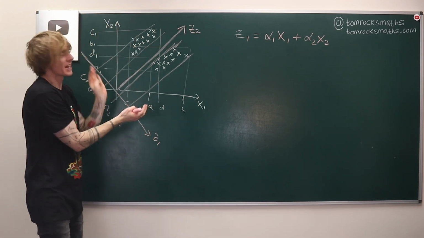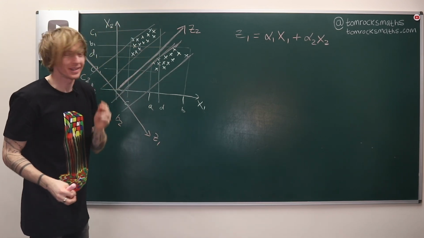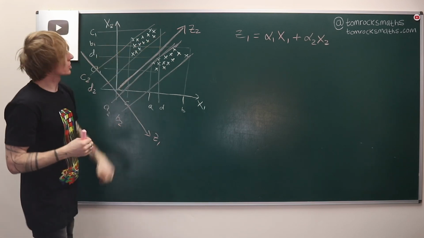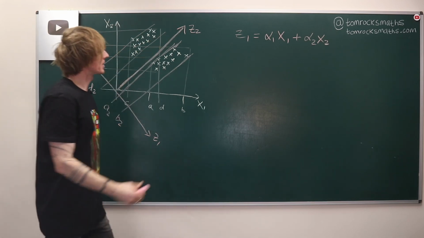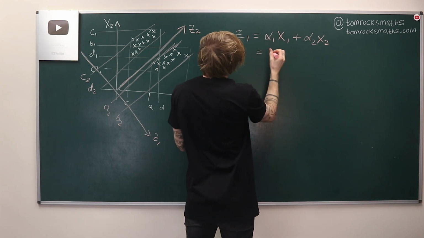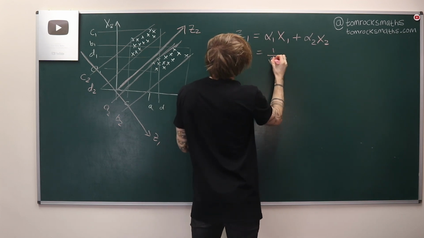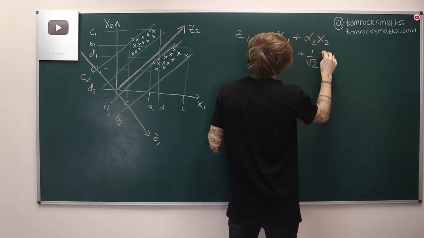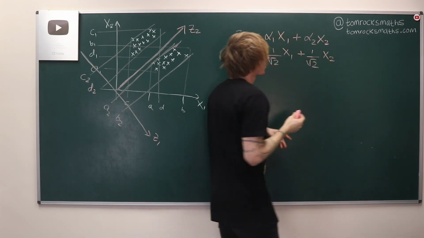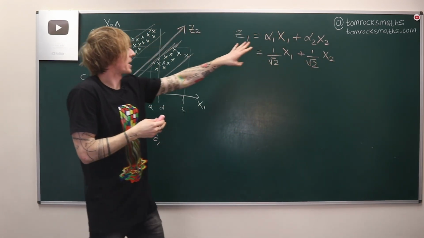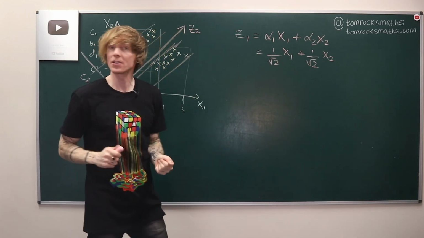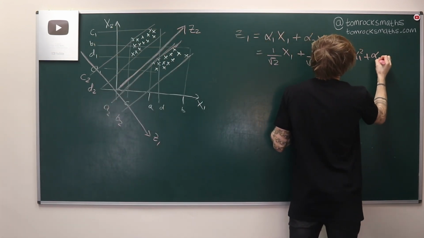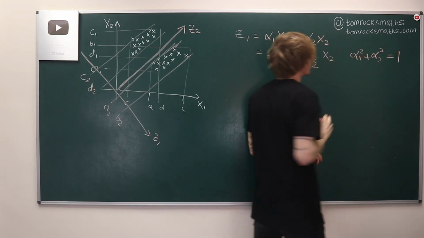And because I have exaggerated this example a little bit, this is clearly just a 45-degree rotation of our axes. So this is now just going to be 1 over root 2 times x1 plus 1 over root 2 times x2. The reason I have picked 1 over root 2 for both of these coefficients is to ensure that alpha 1 squared plus alpha 2 squared is equal to 1.